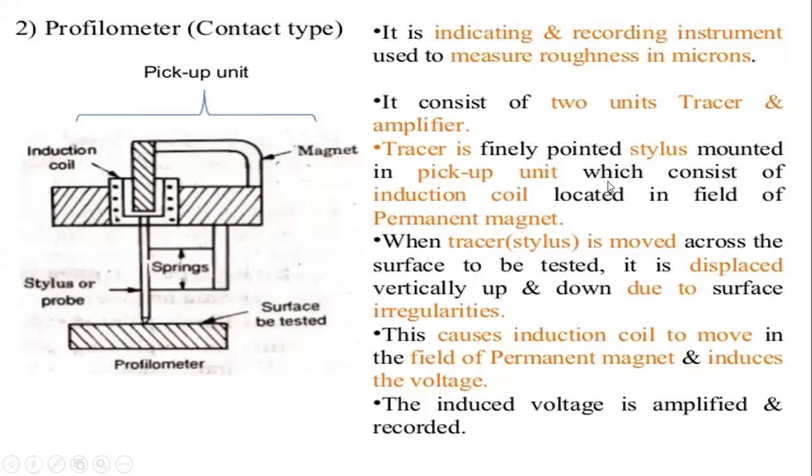This tracer is a finely pointed stylus mounted in the pickup unit, which consists of the induction coil located in the field of a permanent magnet. So this is the induction coil which is attached to the permanent magnet, in the magnetic field of the induction coil.